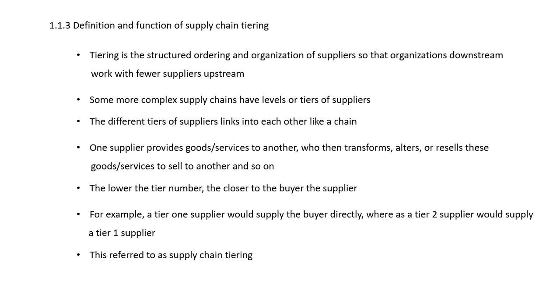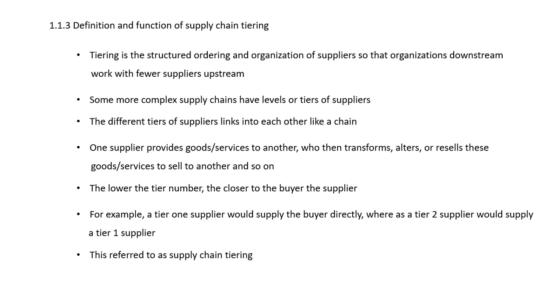One supplier provides goods or services to another, who then transforms, alters, or resells these goods or services to sell to another, and so on. The lower the tier number, the closer to the buyer the supplier. For example, a Tier 1 supplier would supply the buyer directly, whereas a Tier 2 supplier would supply a Tier 1 supplier.